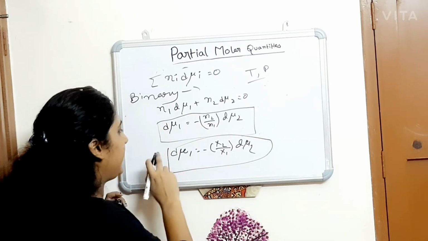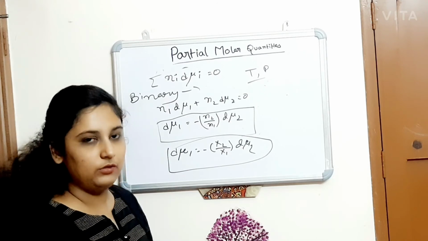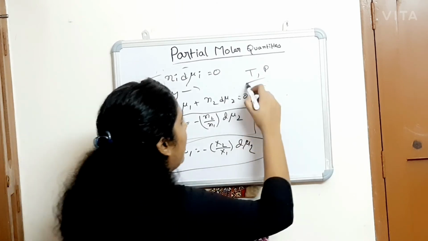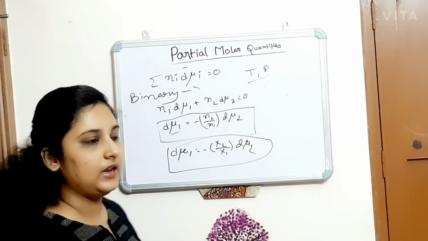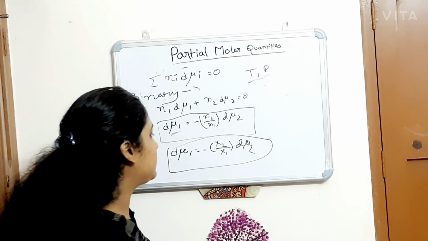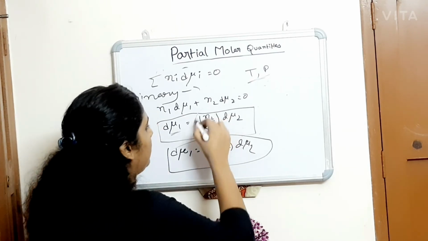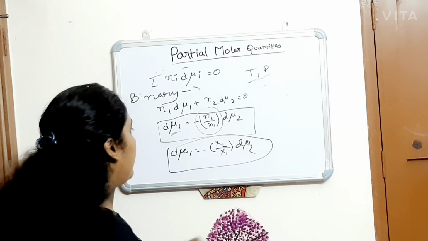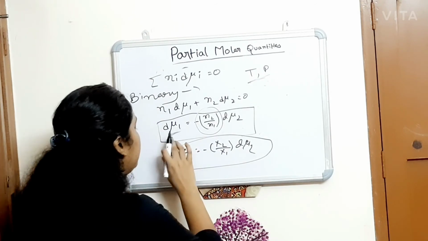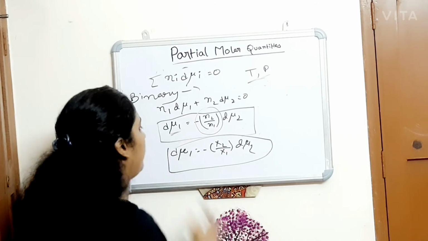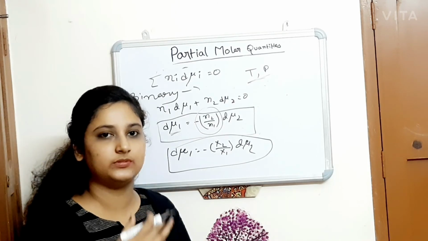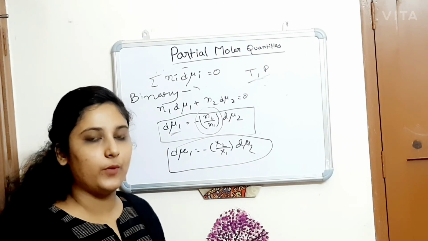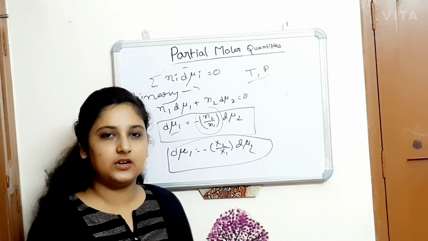From this expression, what can you conclude? You can conclude that the chemical potential is not only a function of temperature, but is also dependent on the components present in the system. Another conclusion is that the change of the chemical potential of one component will be opposite in sign to the change of the chemical potential of the other component.